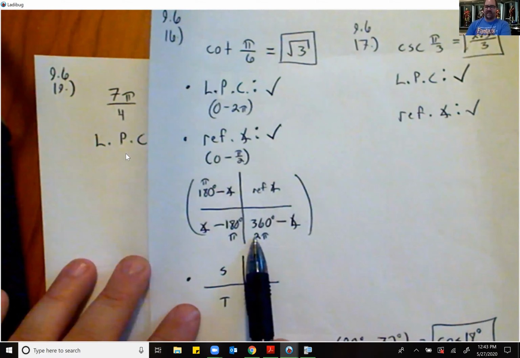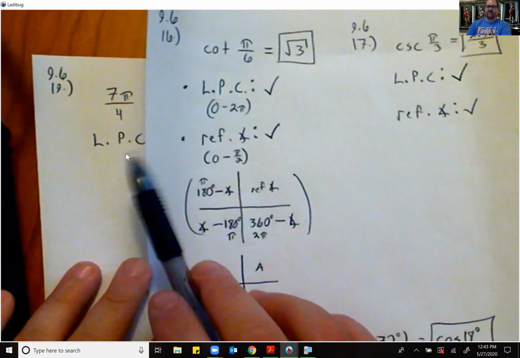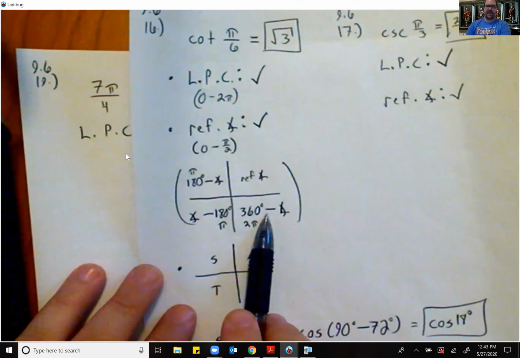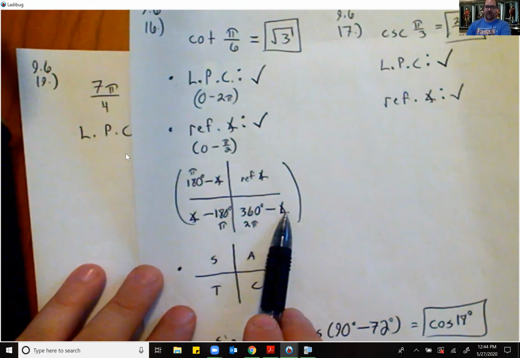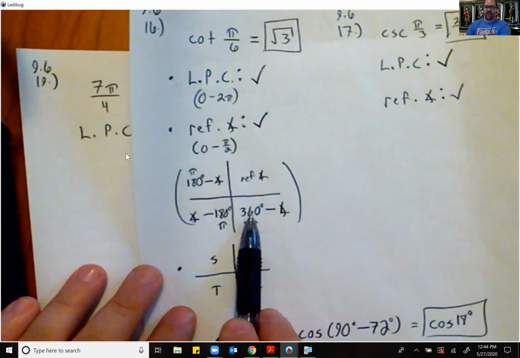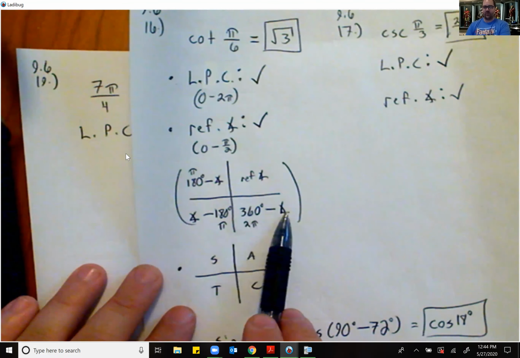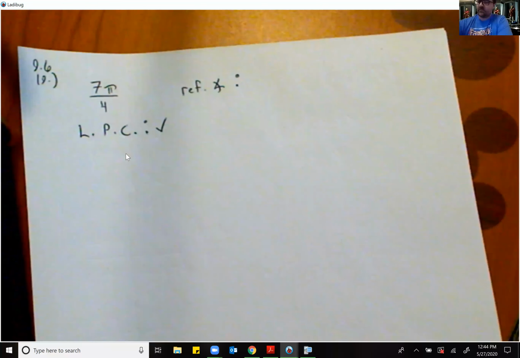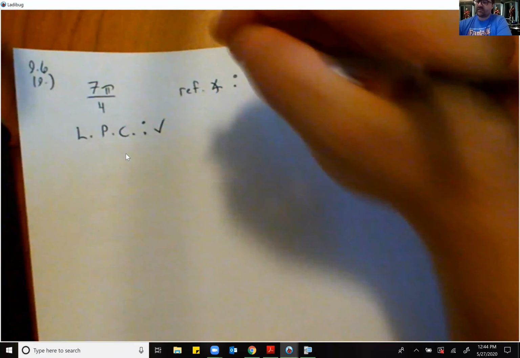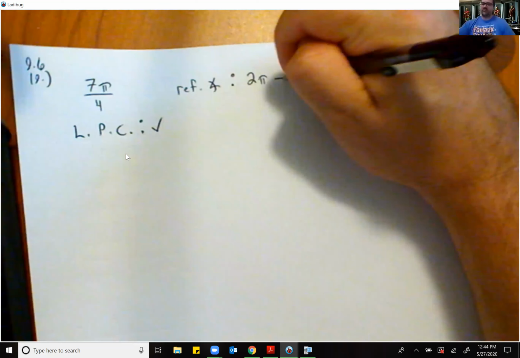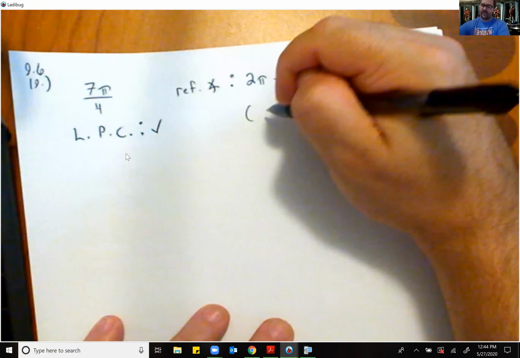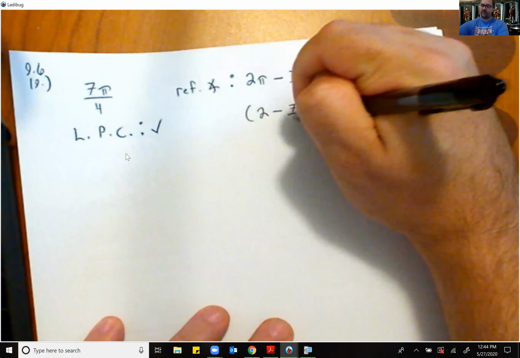What quadrant is 7 pi over 4 in? It's in quadrant 4. So in order to get my answer, I need to take 360 minus that angle. In order to get that reference angle, I need 360 minus that angle, okay? Or in other words, since we are in radians, I'm going to take 2 pi minus 7 pi over 4. So the reference angle is 2 pi minus 7 pi over 4. And again, just like what we did at the beginning, all that you're really doing is subtracting fractions. You're taking 2 minus 7 fourths.